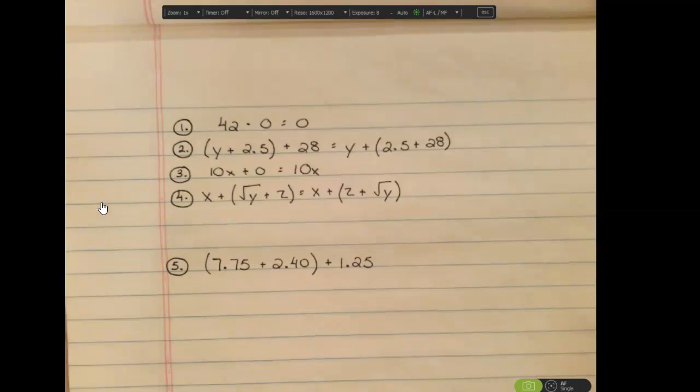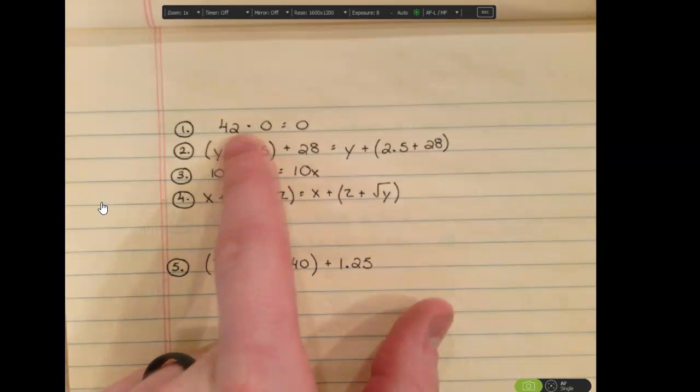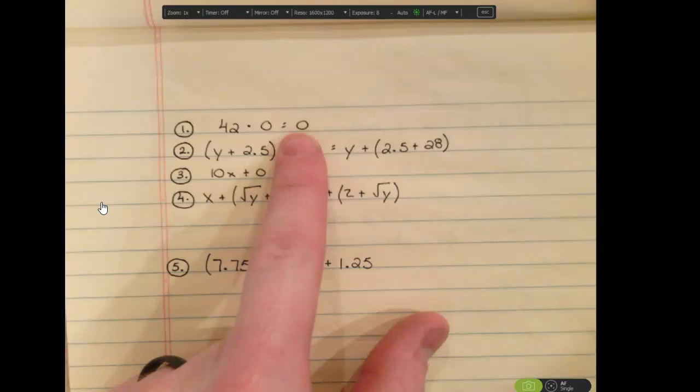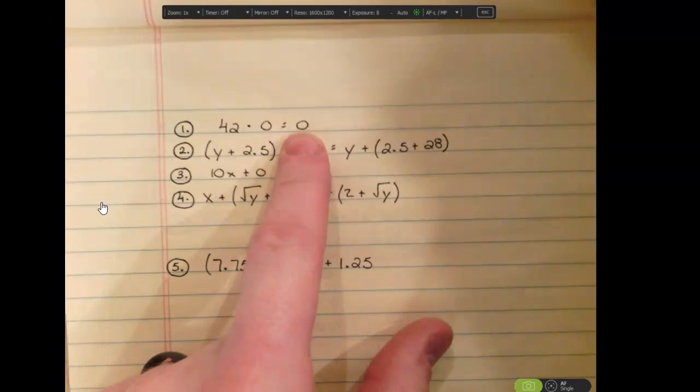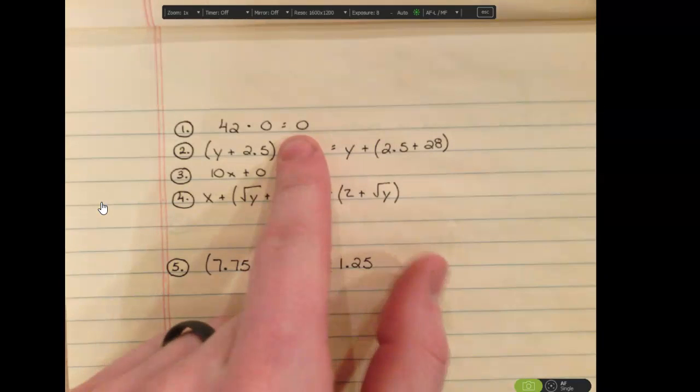Numbers 1 through 4. With these problems, you do not need to solve them. I just want you to write what property is being shown. If we look at number 1, it says 42 times 0 equals 0. Tell me what property is being shown here.